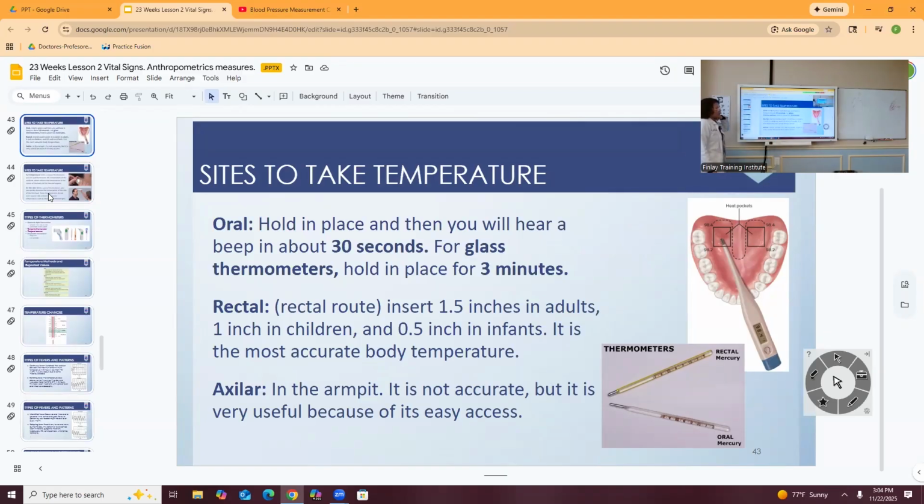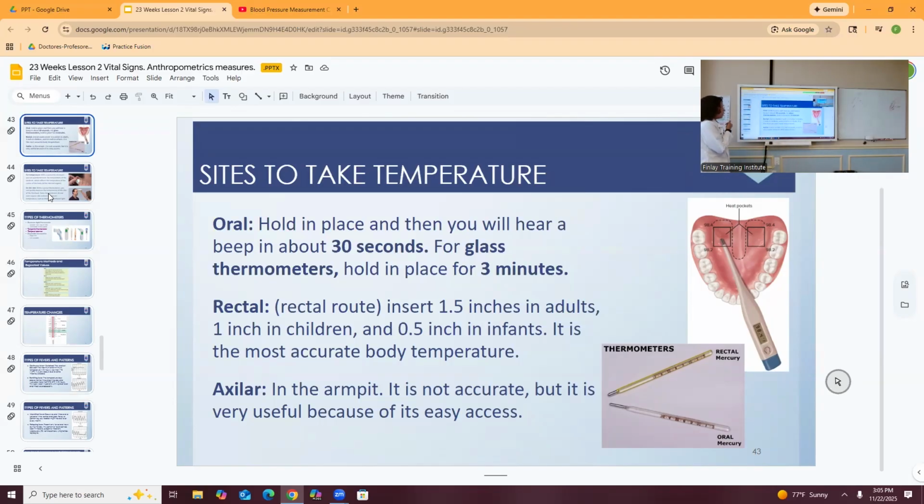In some clinics, you might see glass thermometers, though they're usually not used anymore. These glass thermometers are full of mercury, and what we look at is the rising or movement of that mercury going up in the thermometer.